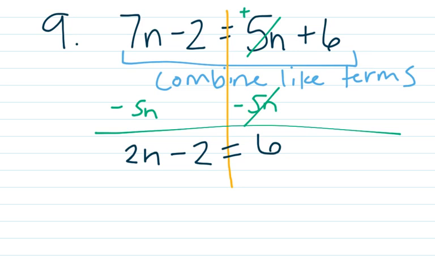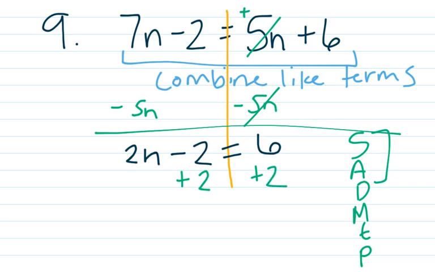Now we're going to do what we were doing before, which is actually still combining like terms, but in your SADMAP, that means we're doing subtraction and addition first. So if I see a subtracting 2, I'm going to do the opposite of that, which is adding 2. That'll cancel out the 2s there and give us a new value of 8.